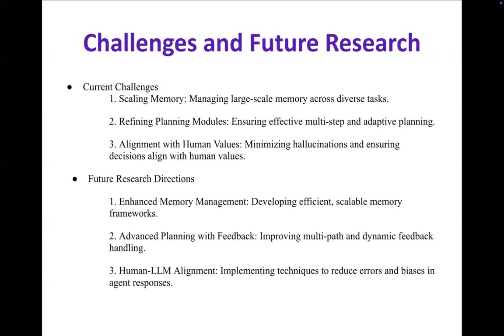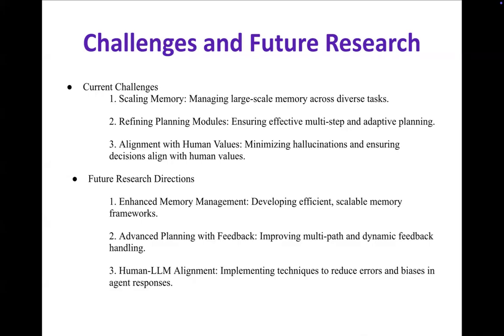And to conclude, some challenges in future research for AI agents. Some current challenges include scaling memory. So we have to manage large-scale memory across diverse tasks. We need to be able to ensure effective multi-step and adaptive planning. And we also need to minimize hallucinations and ensure our decisions align with human and ethical values.